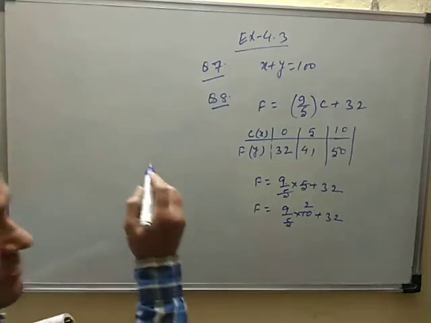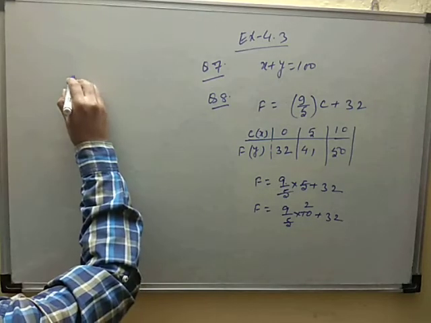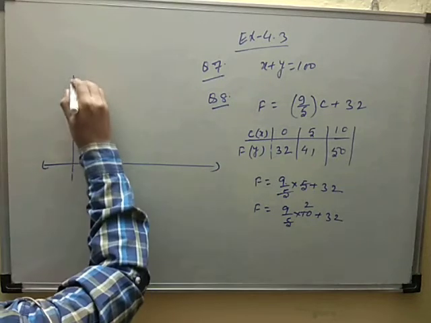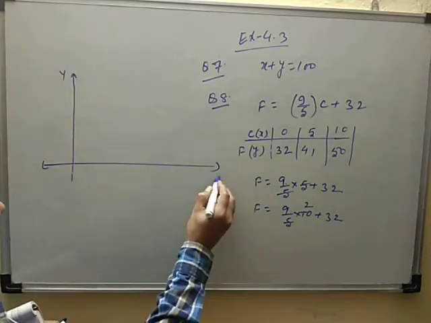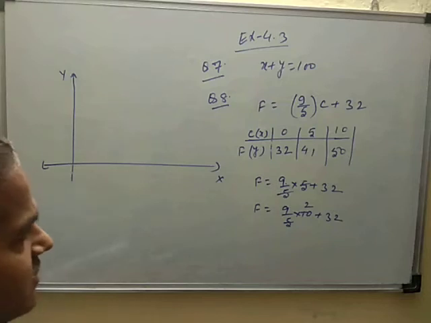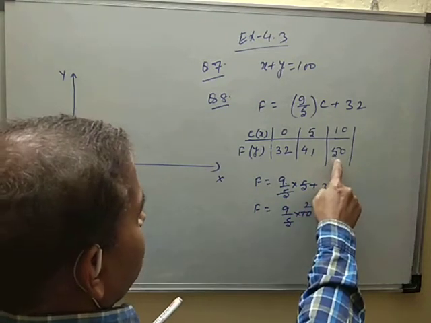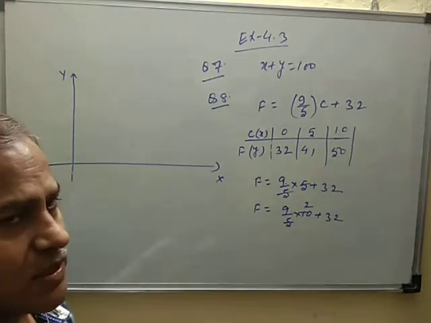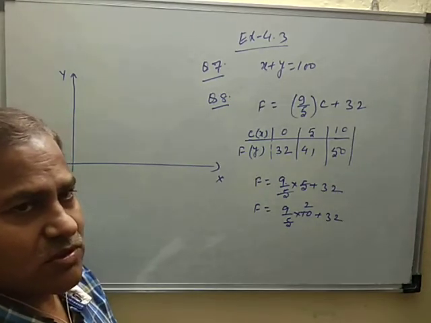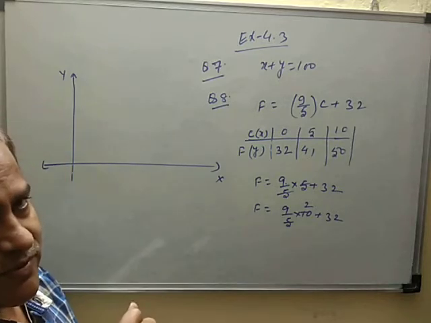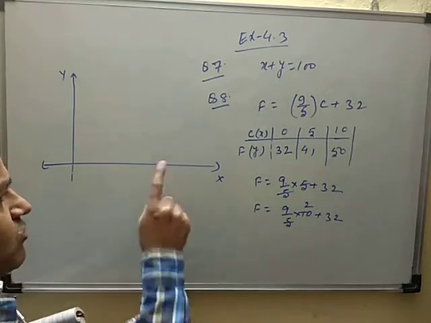For the graph, suppose this is the y-axis and this one is the x-axis. Since on the x-axis the highest value is 50, suppose 1 unit is equal to 5.